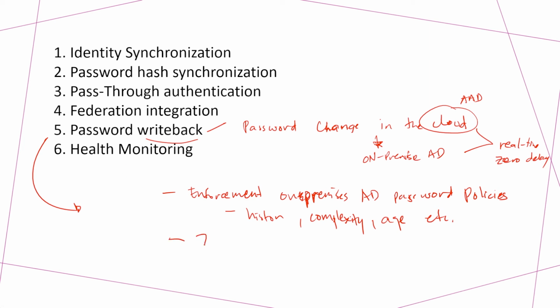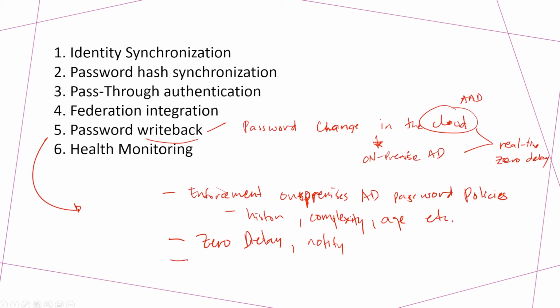Another benefit here is zero delay. As we said, once it's changed in the cloud, it will be written back immediately and checked against the on-premise policies without delay. So if it doesn't pass the policy, it will notify the user straight away, like, this password does not meet the password policies.